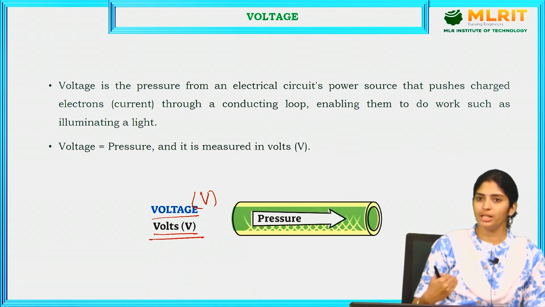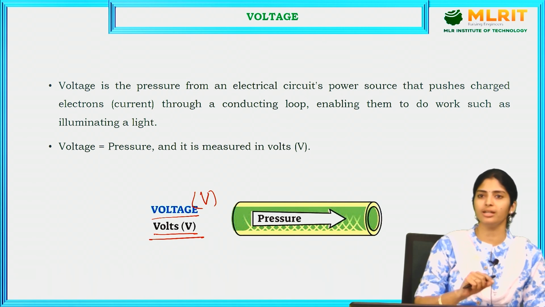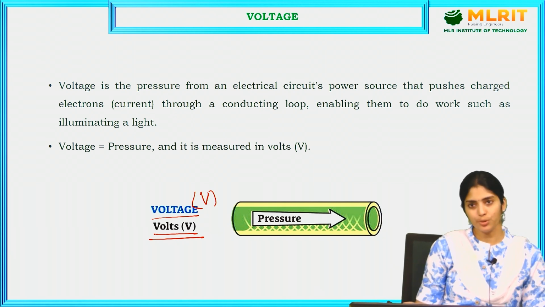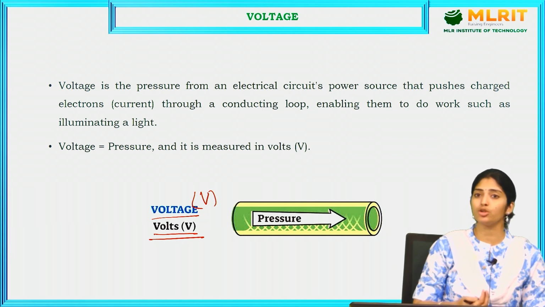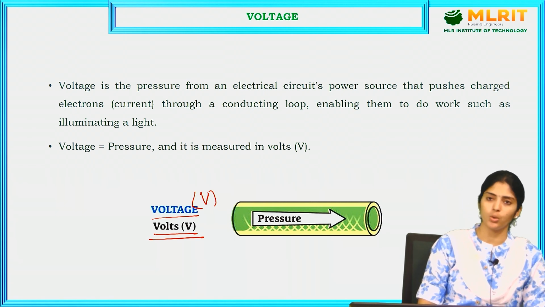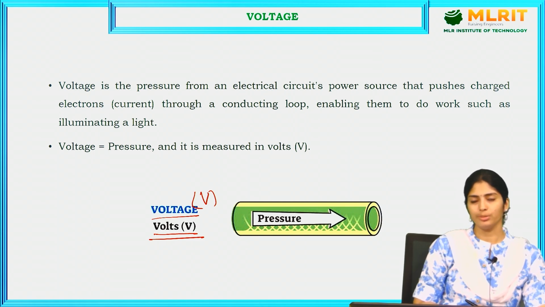Generation, transmission and distribution are all done through voltage only. Voltage will be generated, transmitted and distributed, and finally the load will draw the current from the voltage. So voltage and current play a major role in electrical terminology.